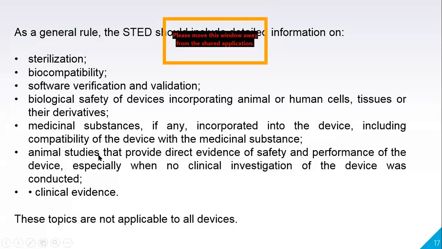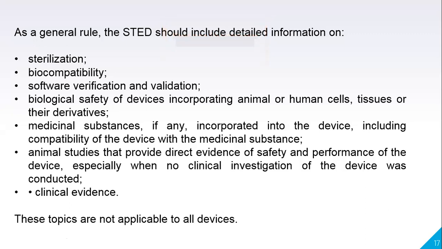If any animal studies are conducted, we have to give those details. If there is no clinical investigation, we also give the proper reason and clinical evidence. All this information, apart from the previously mentioned topics, we have to mention in the STED under verification and validation. Verification and validation is a very big concept for medical devices.